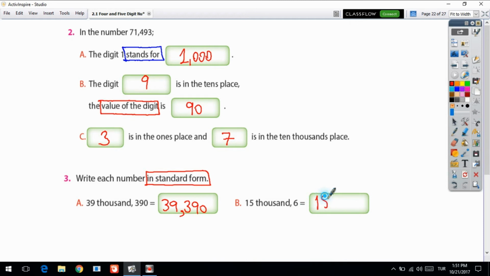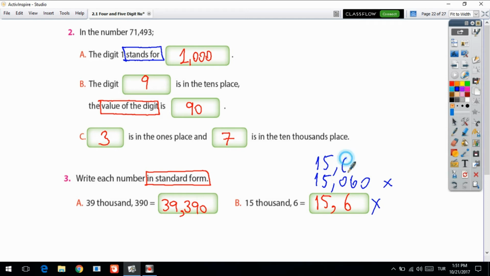First let's write 15 comma, then I need to write 6. Is this the correct answer? No. So how can I write 6? It must be 3 digits after the comma. If there are not 3 digits, I cannot put a comma here. So 15 comma 0 6 0. Is that correct? No.